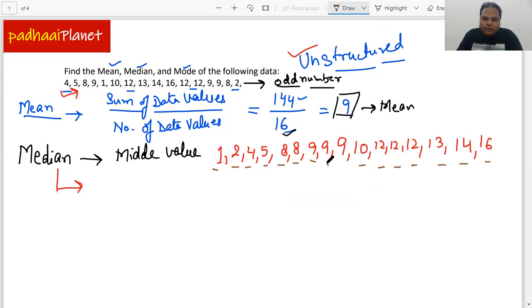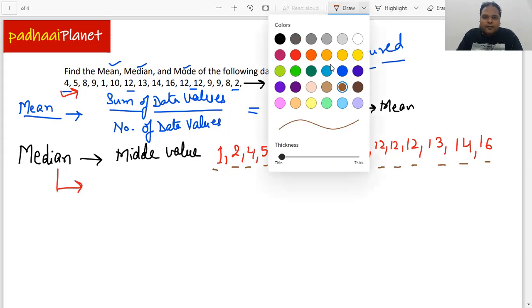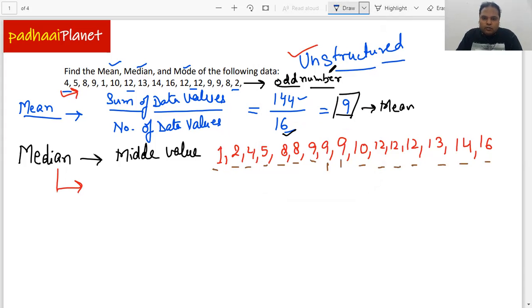So this is what we have left, this one and this one. Now I'll just give a mark like this so that we don't miss it out. Here we see these are equal numbers of data values, like 1, 2, 3, 4, 5, 6, 7, and here also 1, 2, 3, 4, 5, 6, 7. So this is the exact middle.